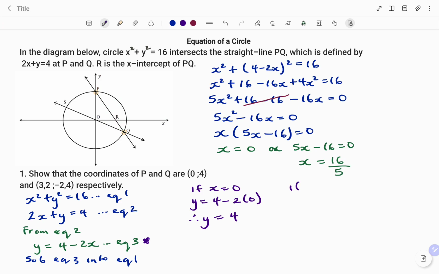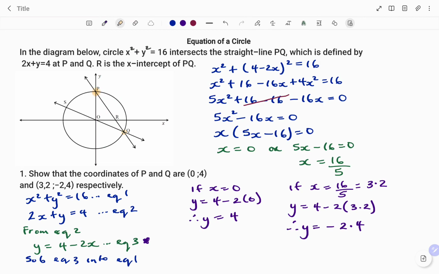And for the second coordinate, if x equals 16 over 5, which is also equal to, if I change that to decimal, 3.2, then my y equals 4 minus 2 times 3.2, which is equal to minus 2.4.